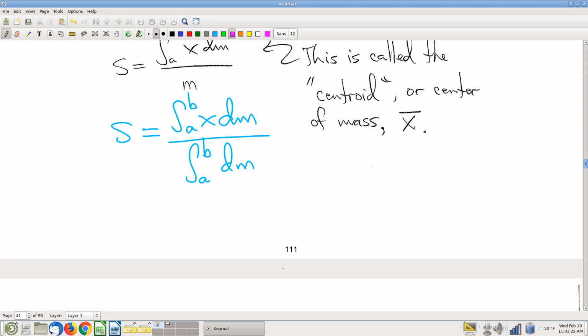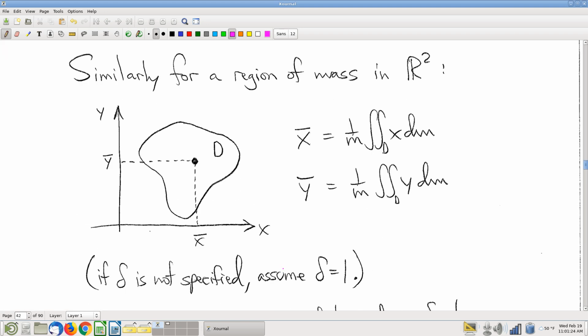Okay. So that's the single variable version. Now, this being a multivariable calculus class, let's talk about the multivariable version. Here it is. It's no big deal. If you have a two-dimensional solid of some sort, some sheet, let's say, and you want to know not the point of support, but where would I put a line of support so that the grand total torque on either side would be 0, so it wouldn't fall off.